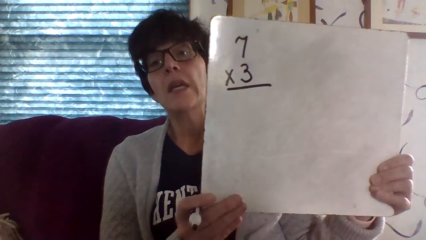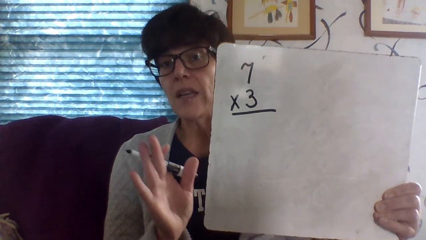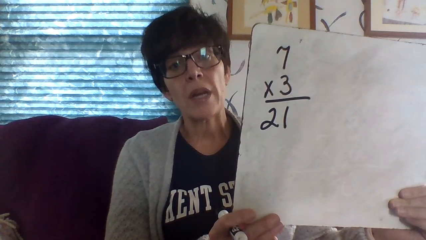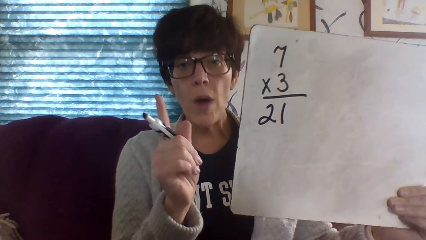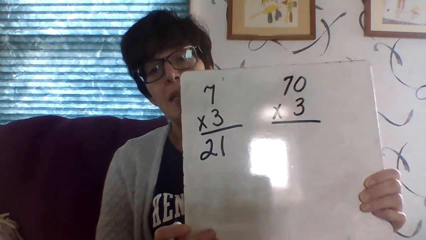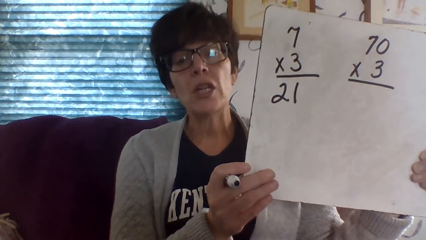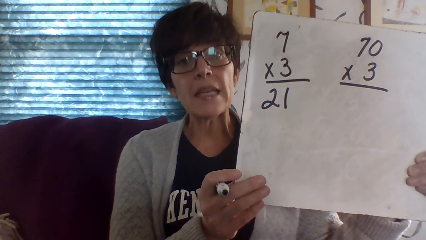So 7 times 3, that's not a factor of 10. That's a basic math fact. I know that 7 times 3, or 7 groups of 3, gives me the product of 21. Now watch this though. Instead of 7 times 3, I'm going to write down 70 times 3. Now I'm going to use what I know about that basic math fact.